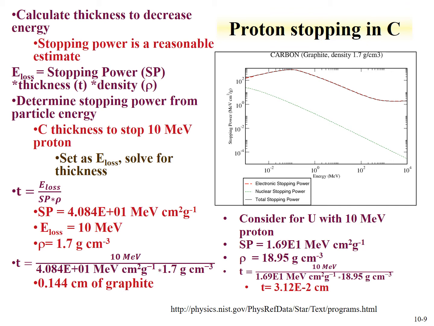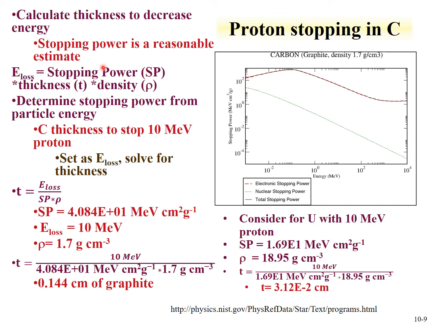And we'll go over a very simple equation to get an idea of how much material is needed to slow down or stop particles. The calculations we're going to do are a reasonable estimate. There are other more detailed calculations, and there are programs available that can provide more detailed information, but for a first approximation, these equations that we're going to discuss are fairly robust and they have good utility.